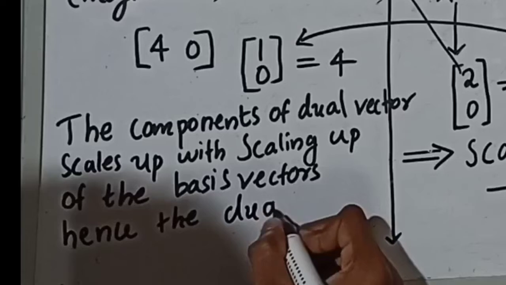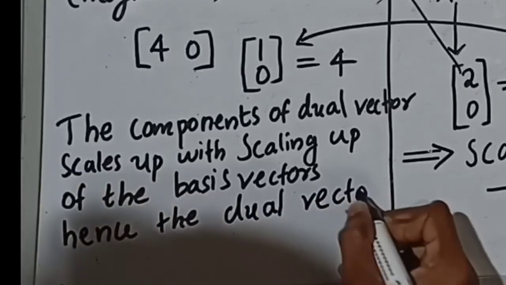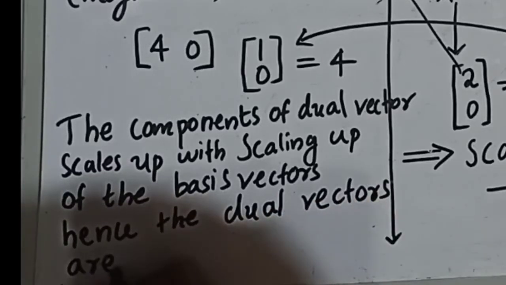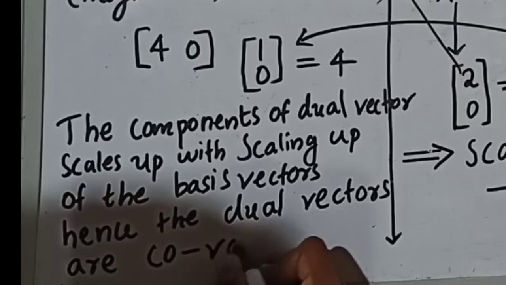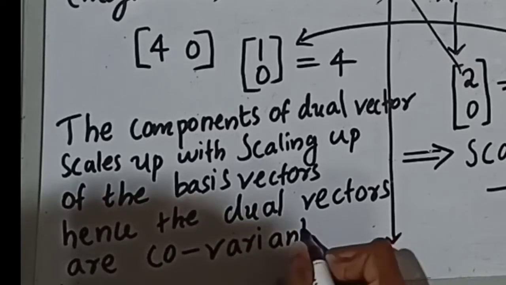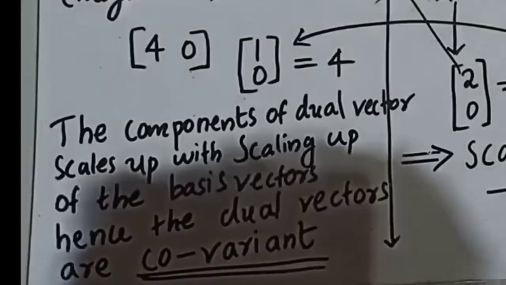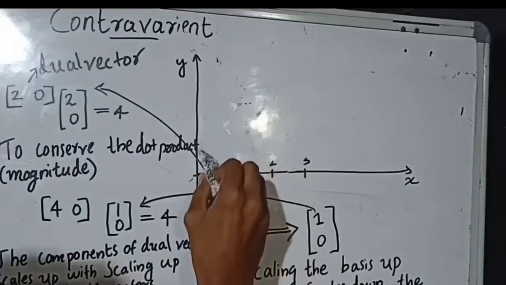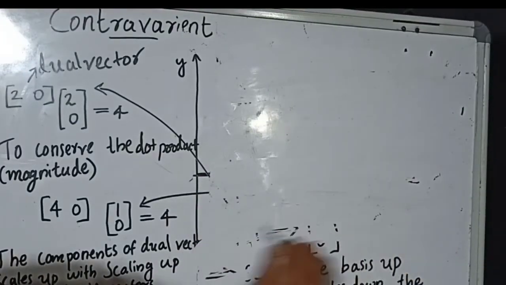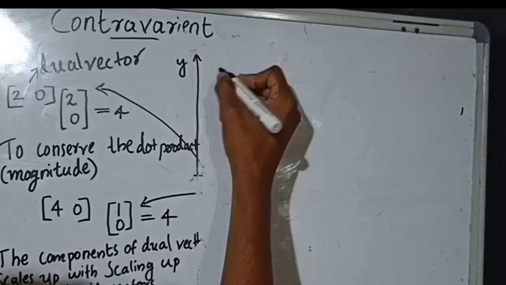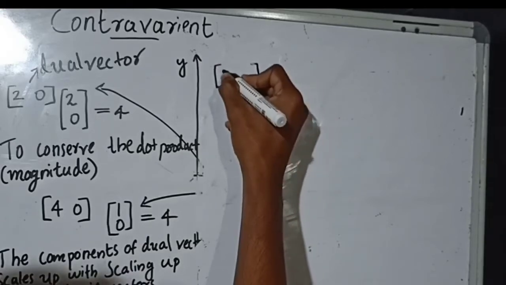Hence the dual vectors are covariant. Covariant means the dual vector components also scale up with the scaling up of the basis.